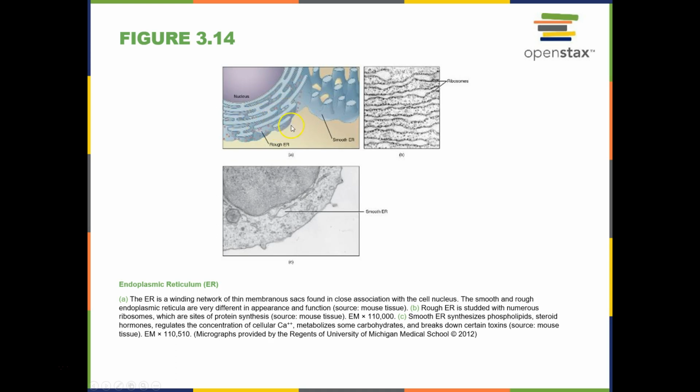And then we package those proteins up and send them to the Golgi. The smooth ER functions in synthesizing phospholipids and steroid hormones from cholesterol. It also helps in breaking down certain toxins. So you end up having a lot of smooth ER in areas like your liver, whereas you're going to have a lot of rough ER in areas where you need a lot of proteins produced.